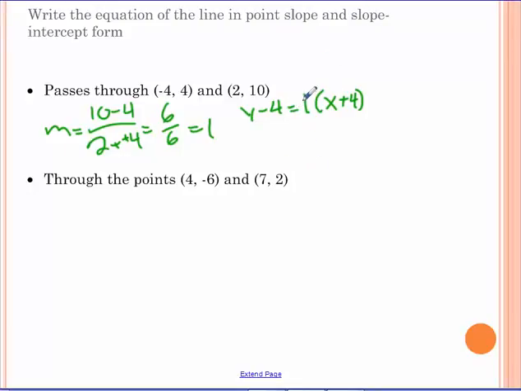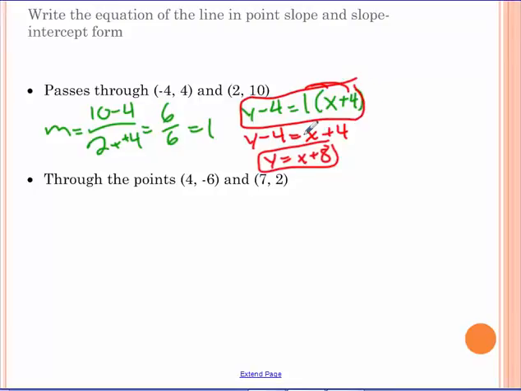I need slope-intercept form. Having a 1 in front here, when you distribute, y minus 4 equals x plus 4. Add 4 to both sides, we get y equals x plus 8. Slope-intercept form and point slope form. So the next one, let's go ahead and find the slope.